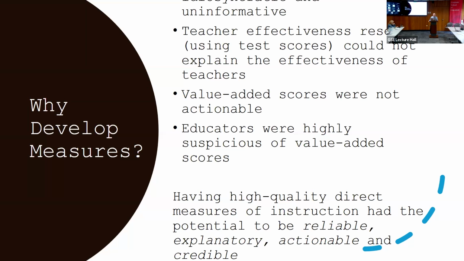And it wasn't actionable in any particular way. And for those reasons, as well as measurement characteristics, both educators and many researchers were highly suspicious of these value-added scores. So there was an attraction to observation measures because they were seen as potentially being direct measures of instruction that had the potential to be reliable, explanatory, actionable, and credible.